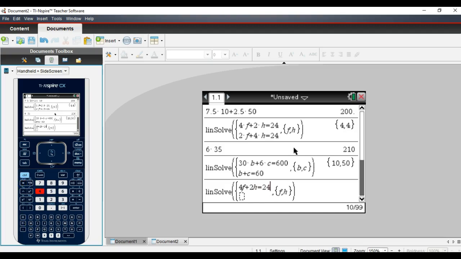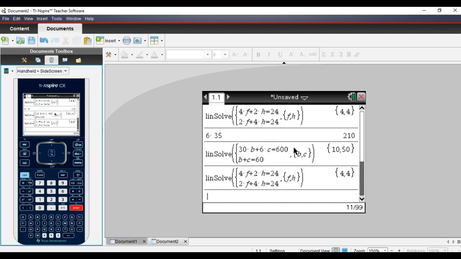And then the next line was 2f plus 4h equals 24. Solve that, and the answer is 4, 4. So f is 4, h is 4.